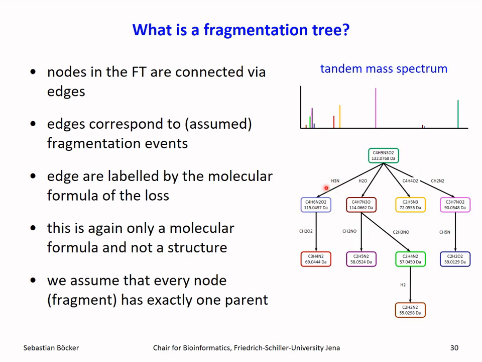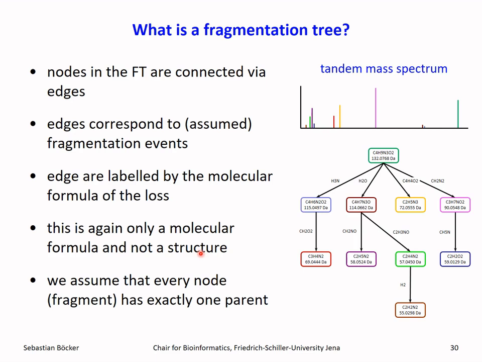And you see, if you compare that molecular formula and that molecular formula, they are differing by an H2. So we have that for all the losses here. All the edges are annotated by the loss molecular formula, and it's again a molecular formula. It's not a structure. We have no idea about the structure.